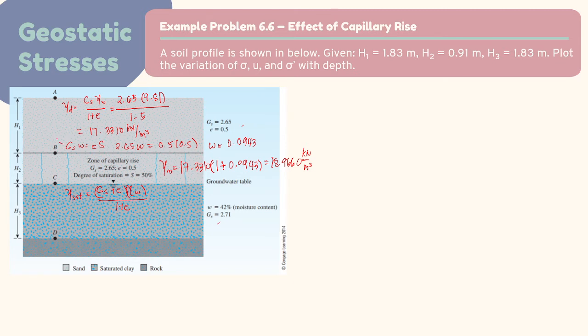Again, we'll use this formula: 2.71 times 0.42 is equal to E times 1, because it is fully saturated. And then we can get the void ratio E, which is equal to 1.1382.